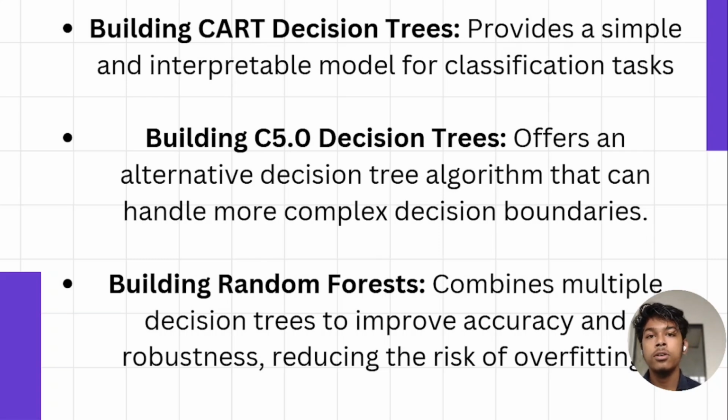Now, the benefit of building a random forest is that it combines multiple decision trees, which increases robustness and accuracy and reduces the risk of overfitting. By reducing the risk of overfitting, we have improved the accuracy of our model.